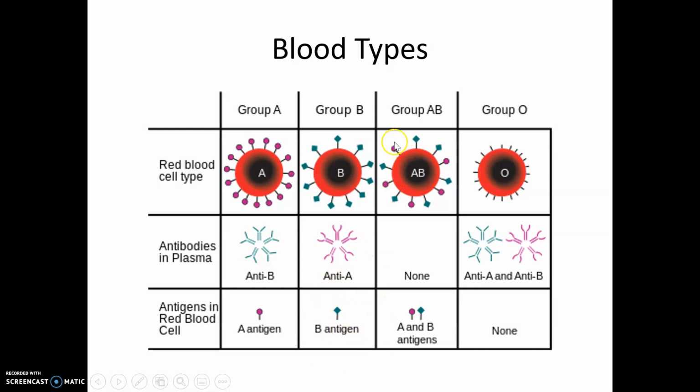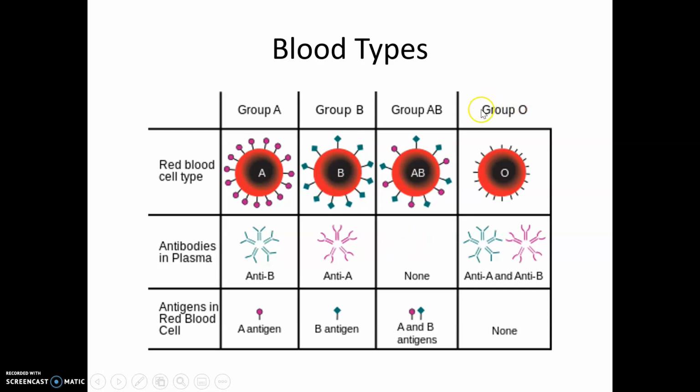When we talk about AB, if you look, they have both the magenta and this teal diamond shape on the outside of their erythrocytes. That is to represent A and B antigens. Now, because of that, if they had any antibodies in their plasma, they would be attacking their own blood, which is why they do not have any antibodies in their plasma.